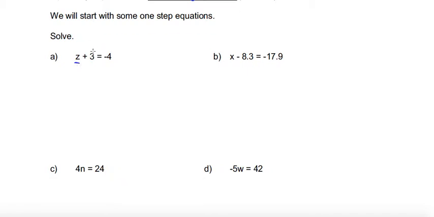Well, that means we have to eliminate this plus 3 on the same side of the z, so on the left side of the equation. And we do that by doing inverse operations. The opposite of adding something is subtracting something. The opposite of multiplying something is dividing something.